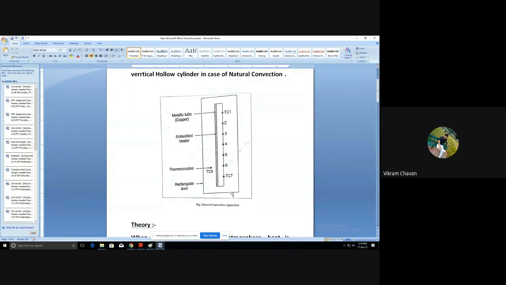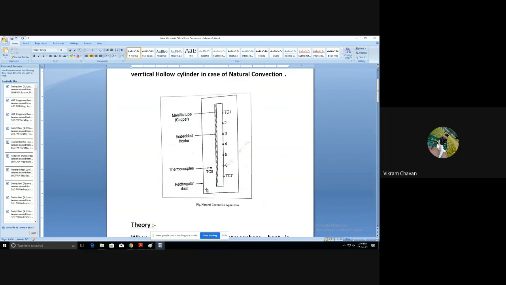What is happening? The fluid near to these tubes will get heated. The air which is present near this vertical hollow cylinder will get heated, and that will move in an upward direction. So for the movement of air, we should open up this top side.